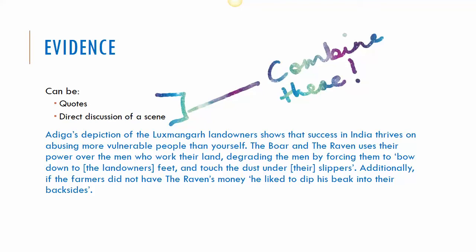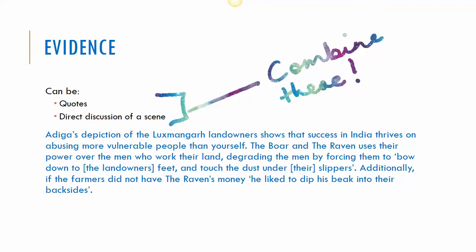So let me show you my evidence. This is for the paragraph that we were saying we were going to write on, that it was vital for success for you to be immoral. So I've written, Adiga's depiction of Laxmangar landowners shows that success in India thrives on abusing more vulnerable people than yourself.